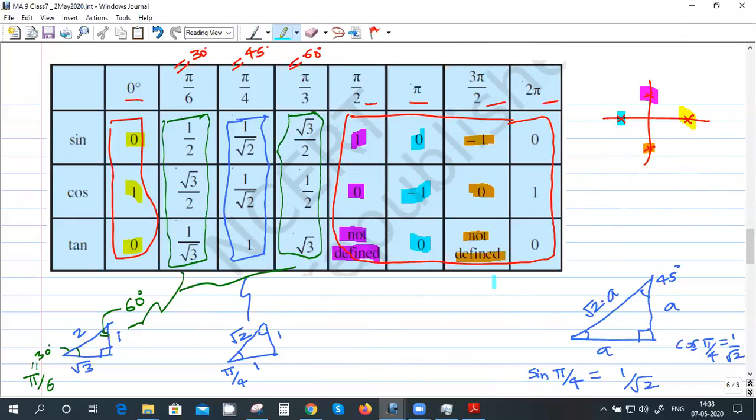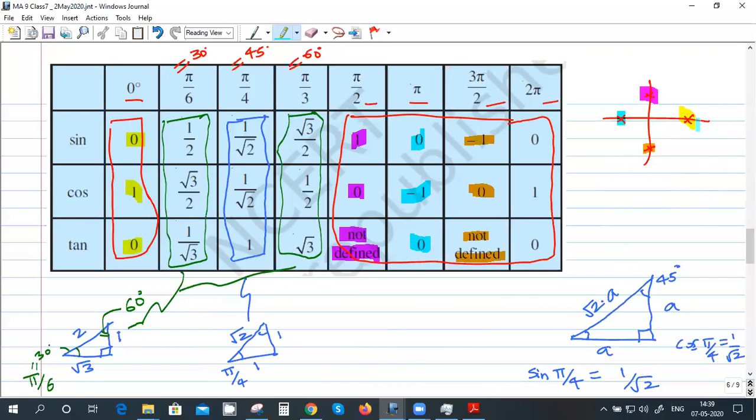So from that, once you fix the points on this coordinate plane, you know the sine and cos of that point, because sine is y by r and cos is x by r. So for this yellow point, what is the sine? Zero.